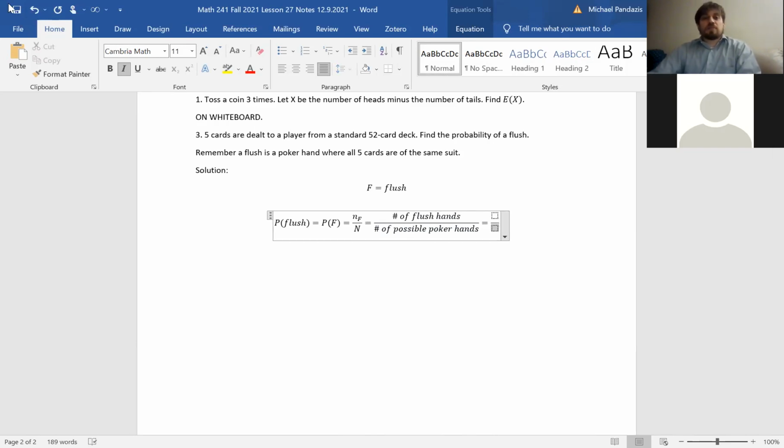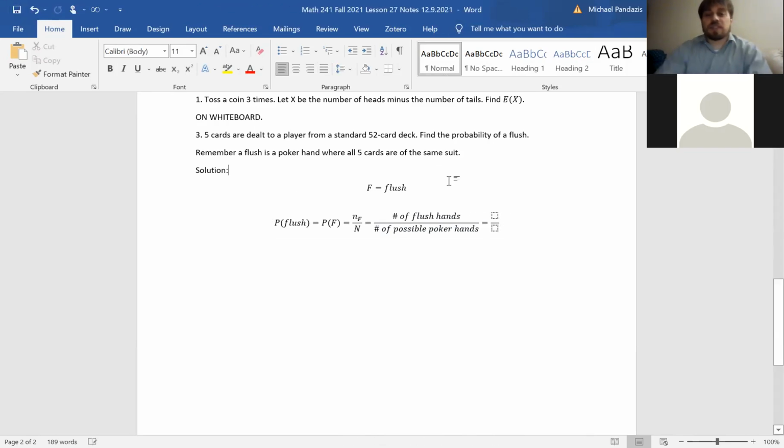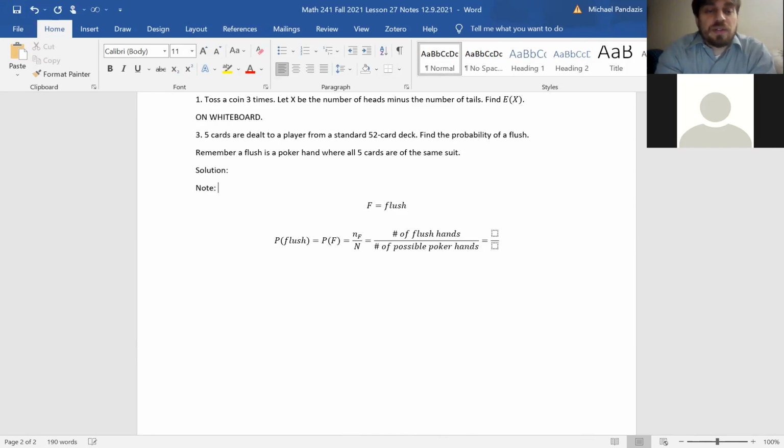Now the number of possible poker hands: a poker hand consists of 5 cards given to a player from a standard 52 card deck.